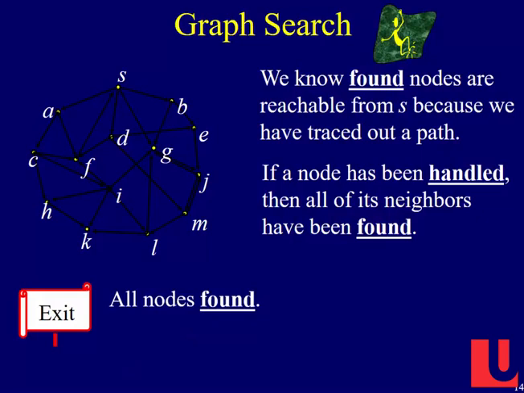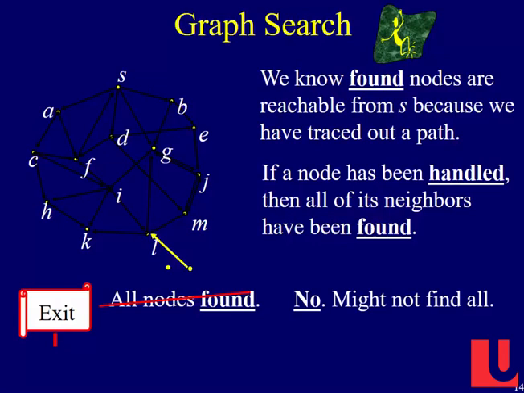Do we exit when all the nodes are found? Yeah, exactly. We don't know. First off, we might not be able to find them all, and so we will never find them.